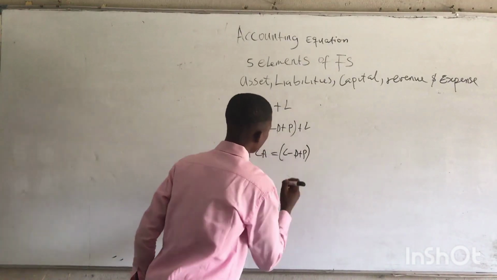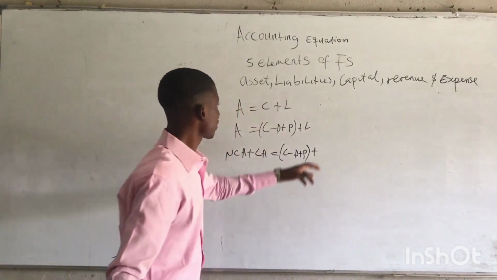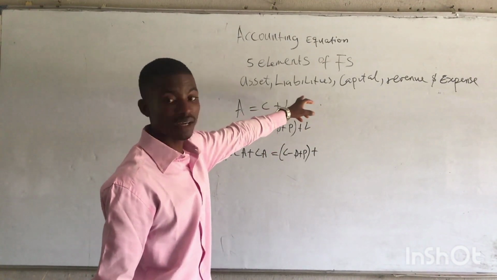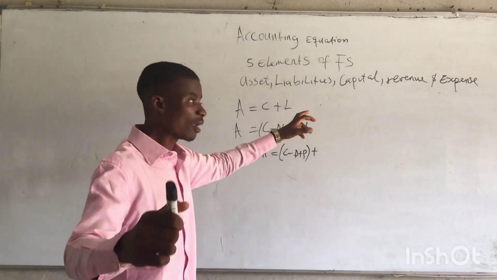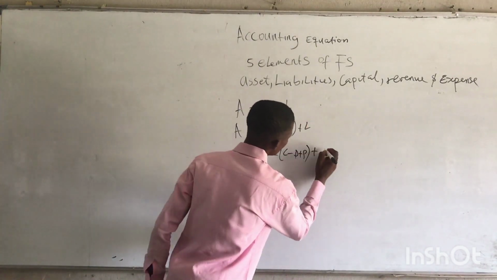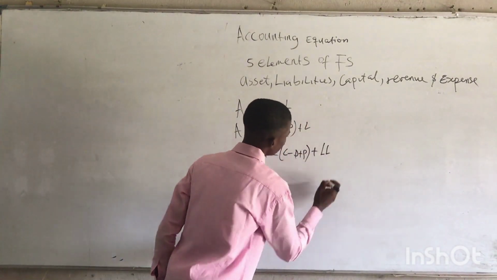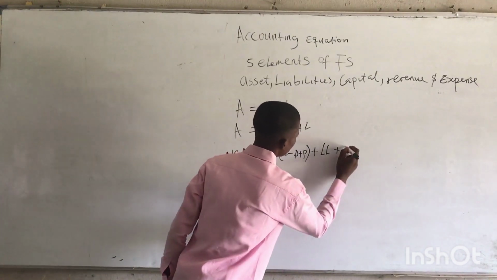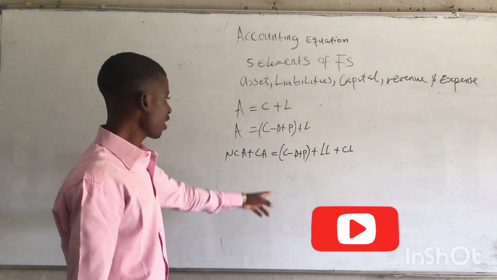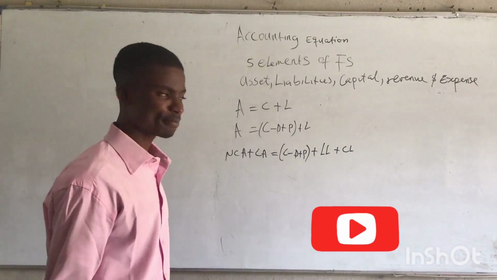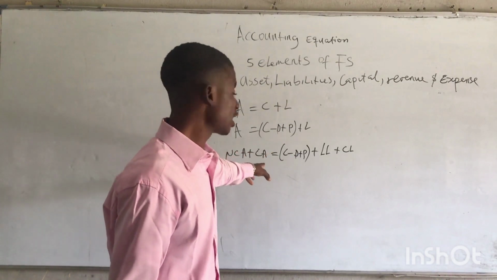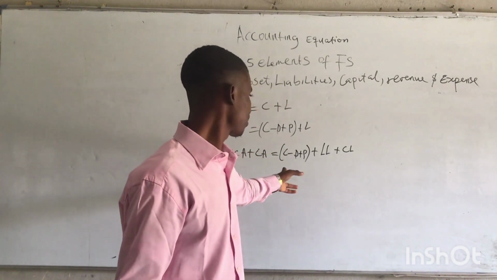Then bracket closes plus, and when we are trying to define liability, liability is also subdivided into two. We have the long-term liability and then the current liability. So now, this place we have long-term liability plus current liability. If you look at this now, you discover that this is typically how a statement of financial position always looks like.